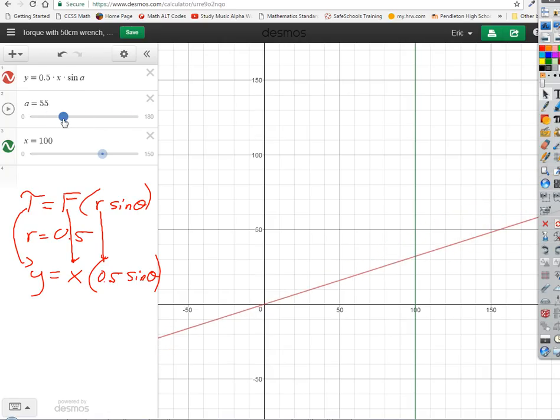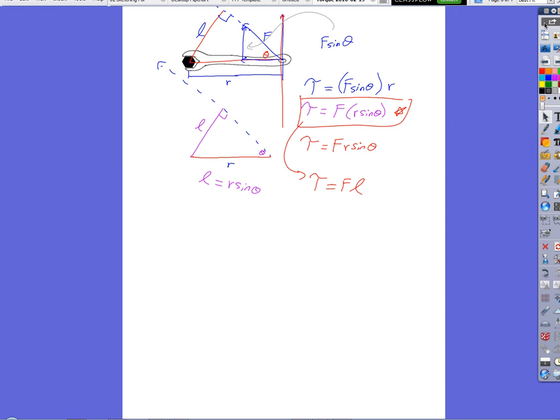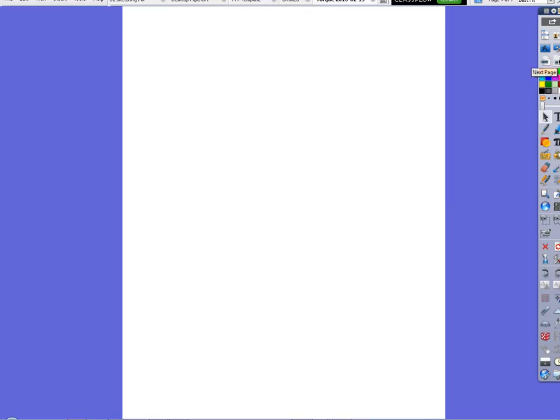You should be able to tell me. You already told me this. At what angle are we going to get the most torque for our force? No, remember, this is theta, right? So what's it going to be? It's 90, yeah.